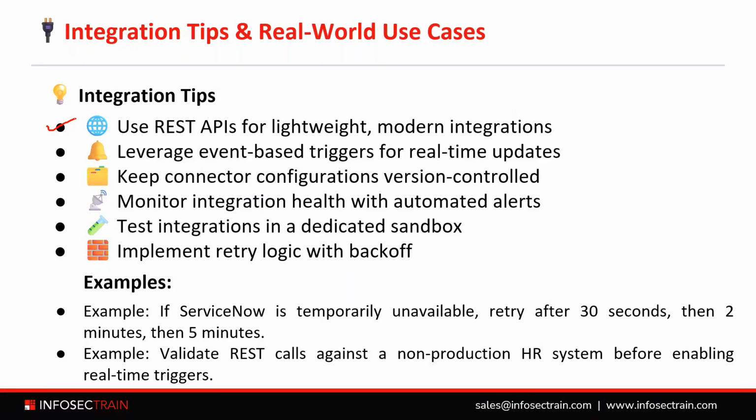Well, as I just suggested, the other tip is to leverage event-based triggers for real-time updates, so having notifications via event-based triggers. When I say event-based triggers, we can trigger the lifecycle event via workflow, via rule, via an attribute change, via script, via filter.